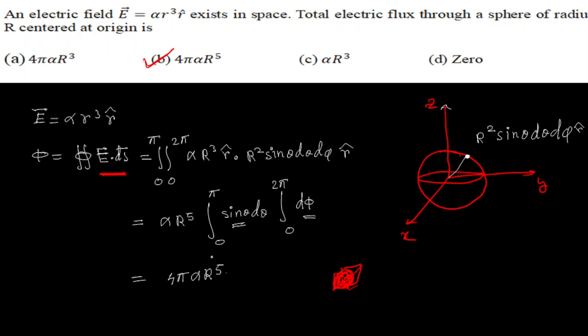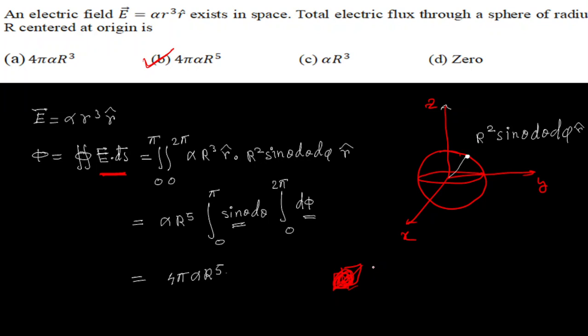So if the electric field is given in the rectangular coordinate system, but the surface through which we have to calculate the flux is given in spherical polar coordinates, then instead of this surface integral, you can just take the divergence of the electric field, calculate the charge density, and from there calculate the enclosed charge. If you divide it by epsilon naught, that will give you the total flux.